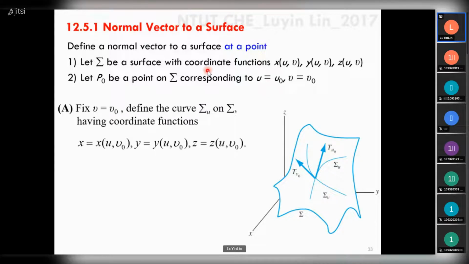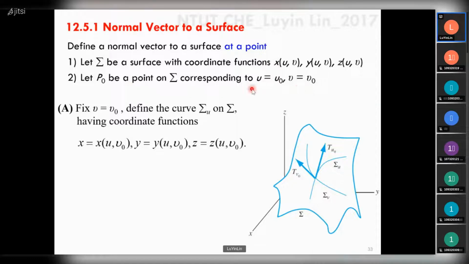First one, for every point here, we have two variables U and V, right?